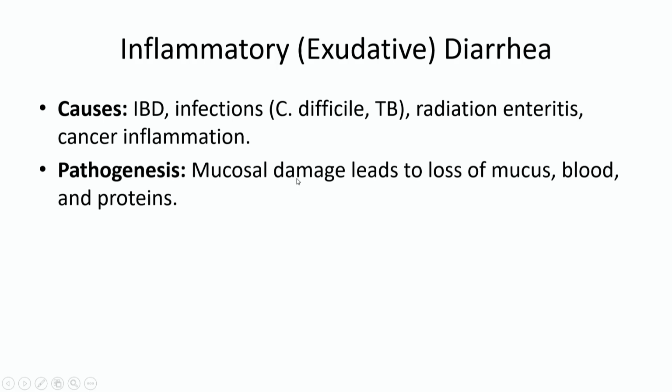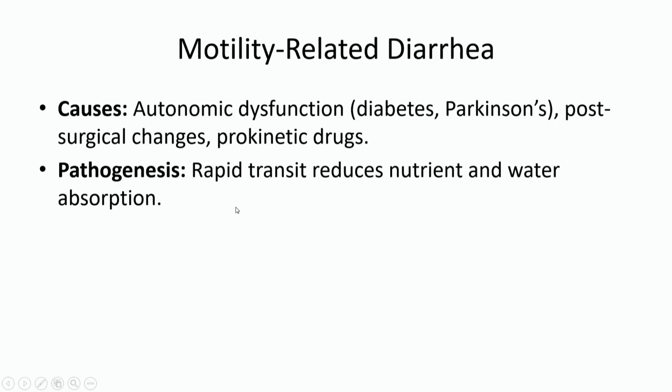Mucosal damage. In the mucosa, there are villi cells in the inner part of the intestine. They are responsible for absorption. This is covered with the mucosal membrane. Mucosal damage leads to the loss of mucus, blood, and protein. Motility-related diarrhea: this is autonomic dysfunction like diabetes, Parkinson's disease. It is like a neuropathic condition developed.